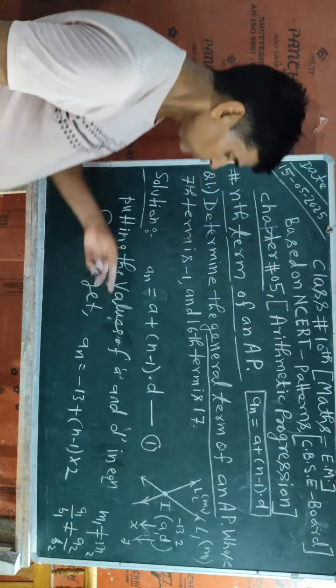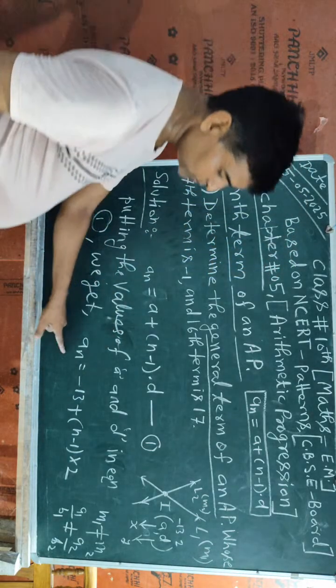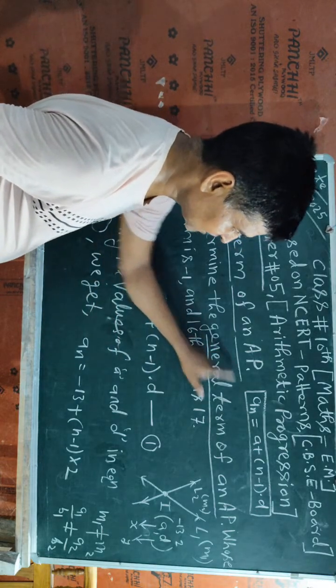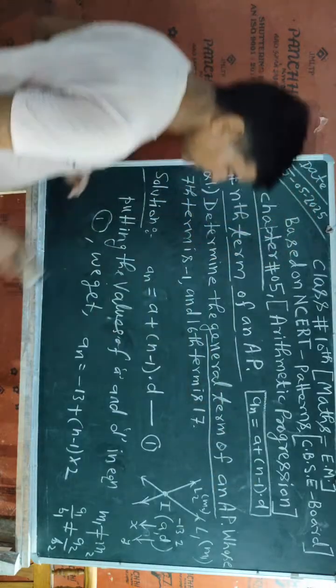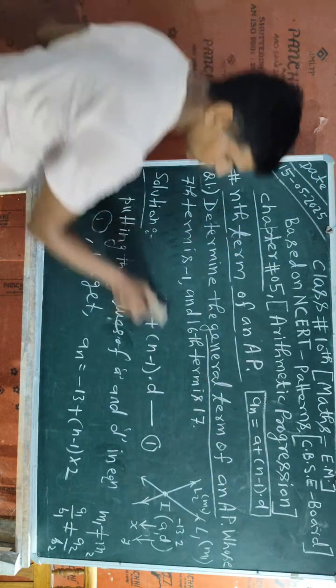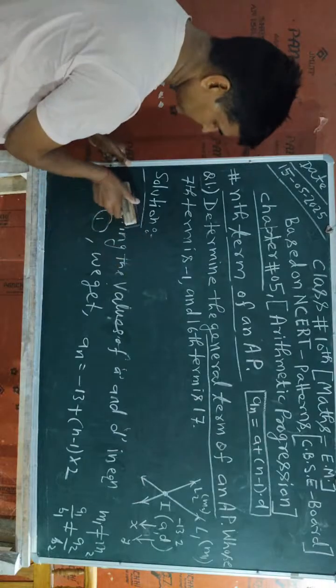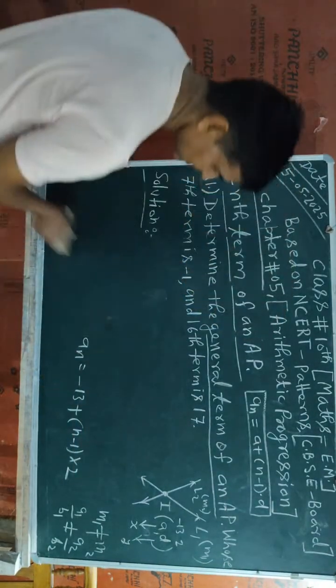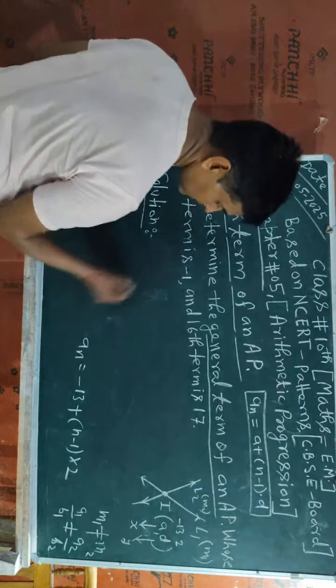Okay, student. Further I am going to simplify. After simplifying I will write the general term, or nth term, of an AP series. So further I am going to erase the above information, and then I will simplify. After simplification, I will write its nth term, that is the general term.